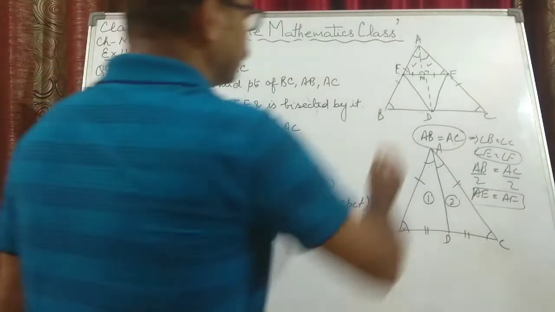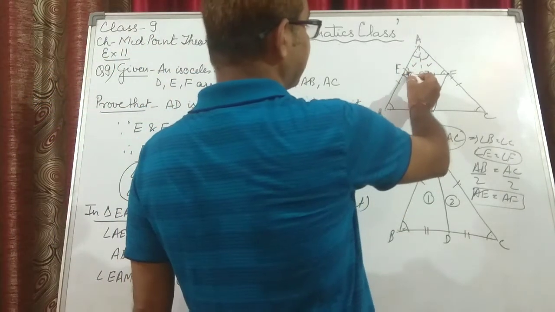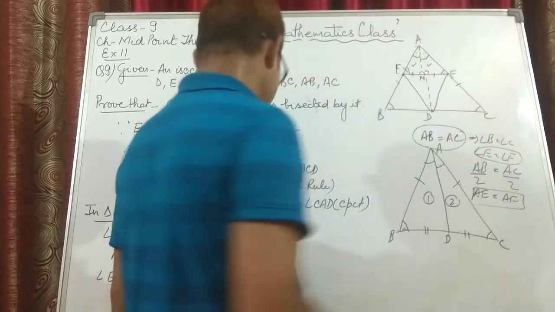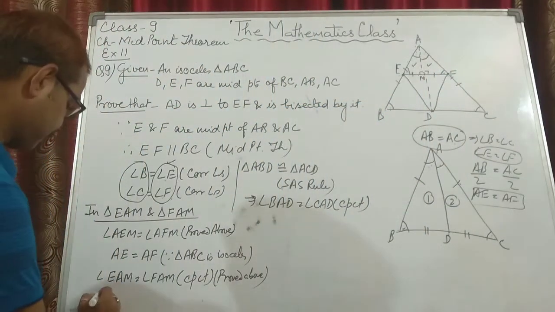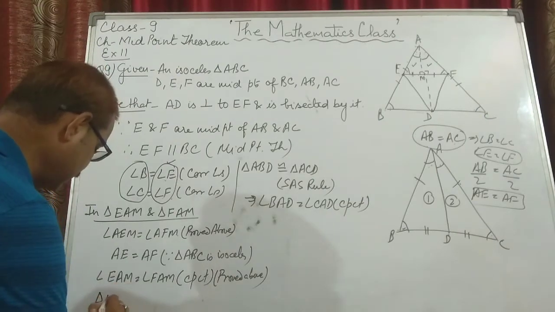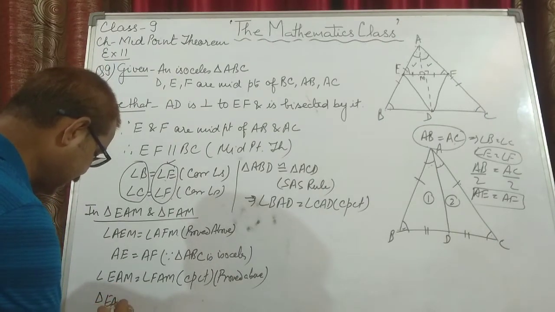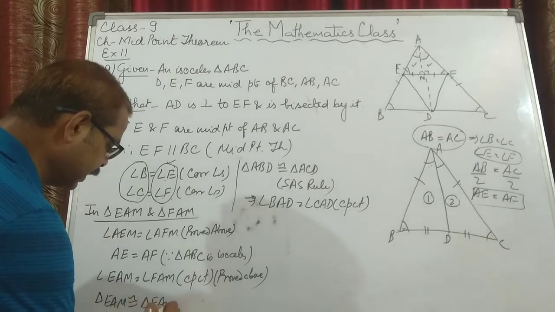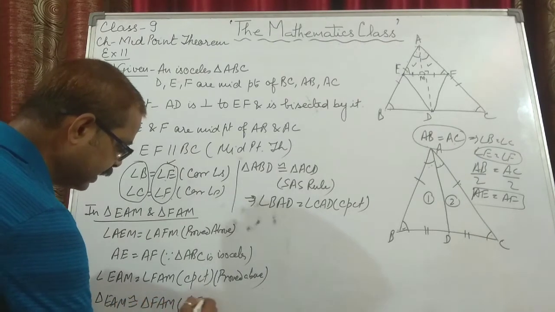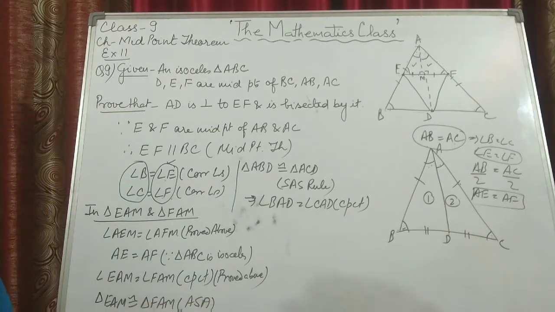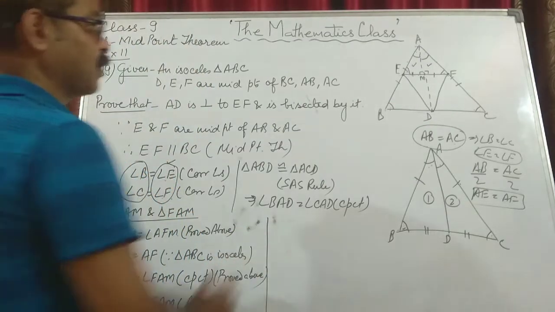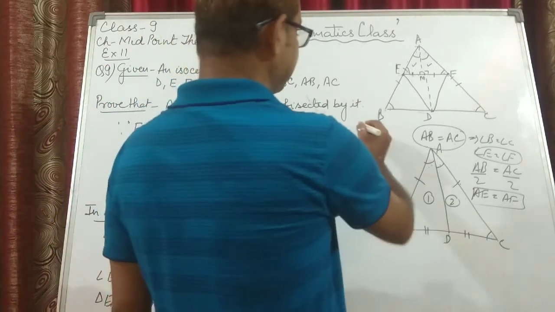Now you can see angle, side, angle, side, angle. So we can say that triangle EAM is congruent to triangle FAM. Reason is ASA rule.